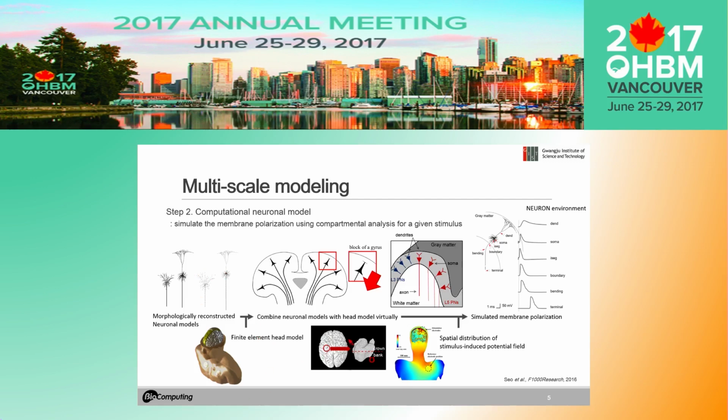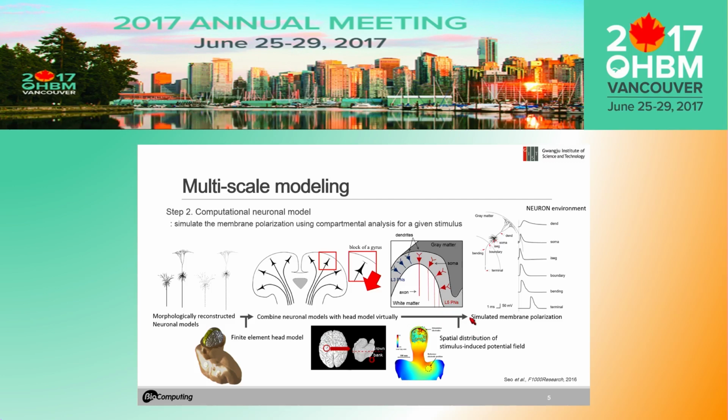Before the combination, we selected the region of interest, the hand knob, and positioned the neuronal model under each triangular element of the cortical surface. As shown in this figure, all the neurons are oriented perpendicular to the cortical surface, and for layer 5 pyramidal neurons, the axons are curved beyond the boundary between gray matter and white matter.